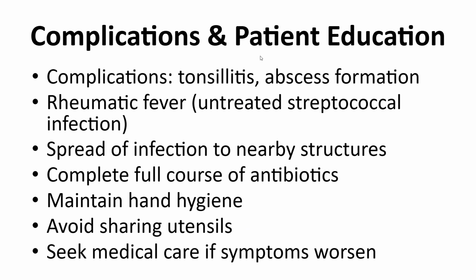Complications and patient education. If pharyngitis is left untreated, or if the treatment is not properly done, sometimes it can lead to complications like tonsillitis and abscess formation. Tonsillitis is inflammation of the tonsils. Abscess formation is the accumulation of pus in the cells or tissues.